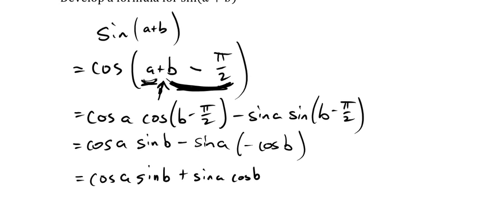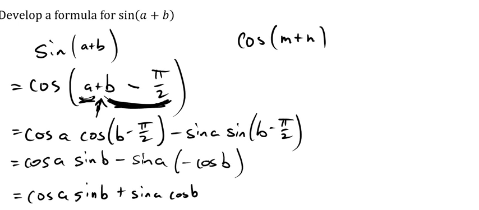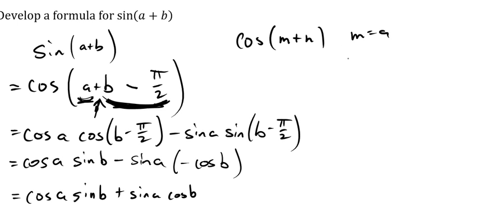We did cos of, I'm going to use different letters, m plus n, where m is A and n is B minus pi by 2. Right? Do you see that? See what I mean? So I split up the angles in a different way.